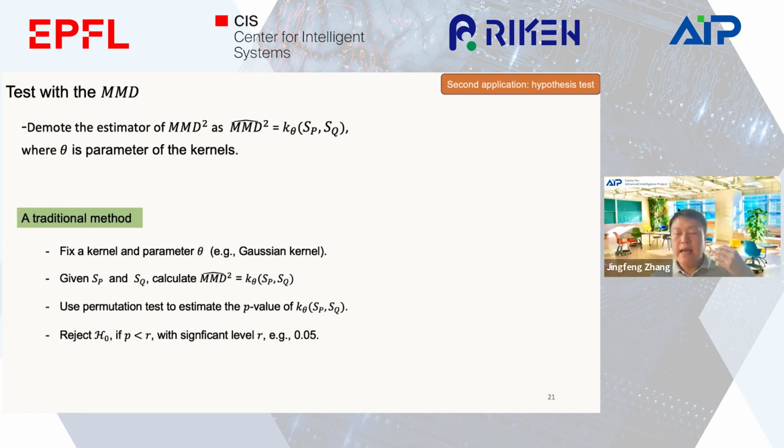Then, given SP and SQ, we calculate the estimation of MMD. This is the test statistic. Then we use the permutation test to estimate the p-value of this calculated test statistic. Lastly, we reject the null hypothesis if this p-value is too small. Otherwise, we accept the null hypothesis.